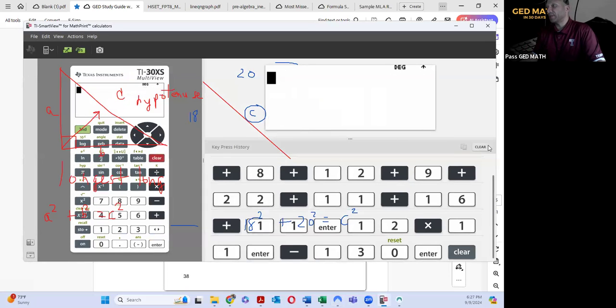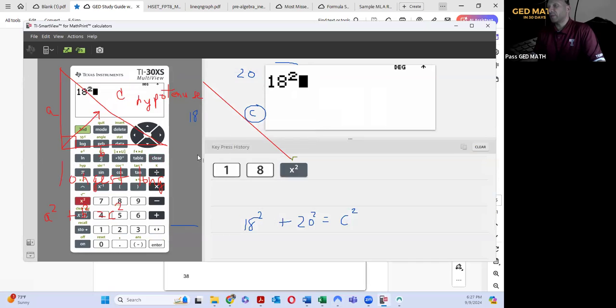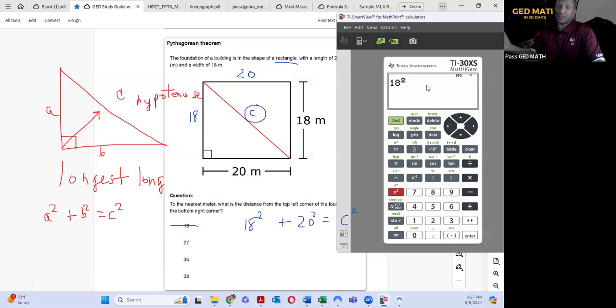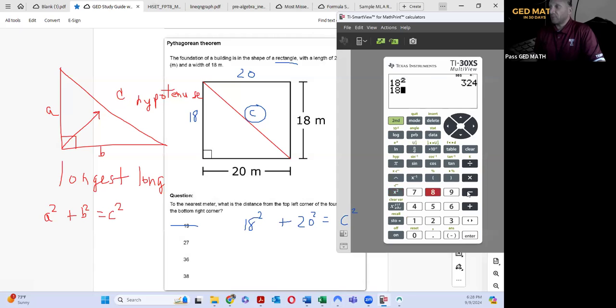You can multiply it by itself, but the calculator gives you the square button. Just put 18 squared in. Remember, squared means 18 times 18, it's being multiplied by itself. So we got 324.